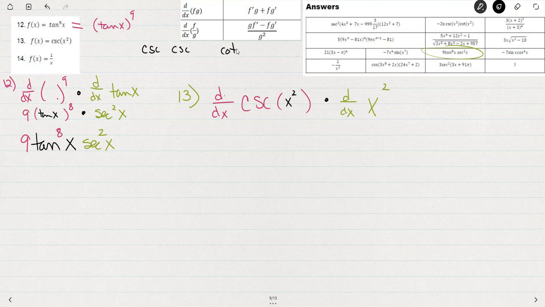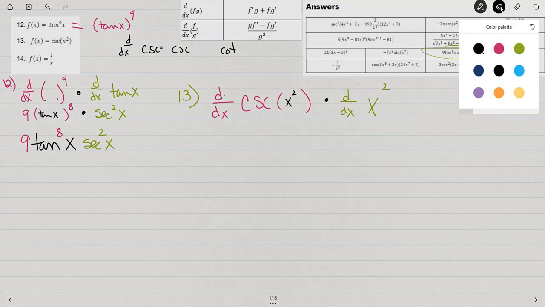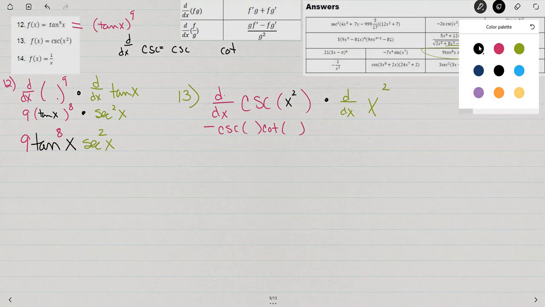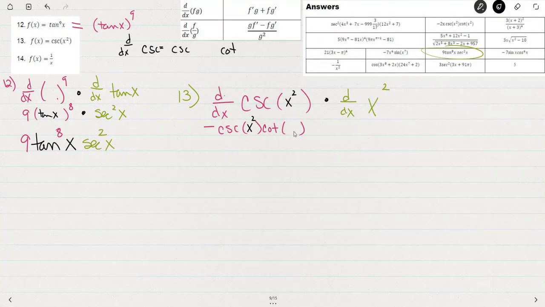But remember that the derivative of a co is always the opposite. So we've got the opposite of cosecant, cotangent. The derivative of cosecant is the opposite of cosecant, cotangent. Cosecant of what? Of x squared. Cotangent of what? Of x squared.